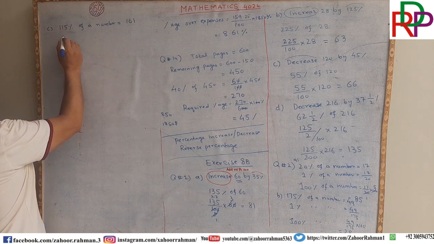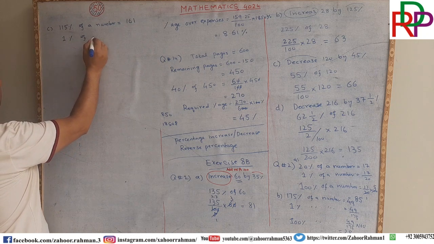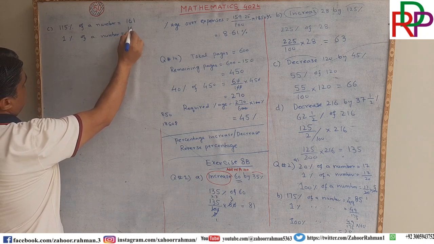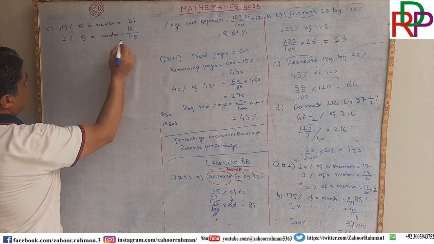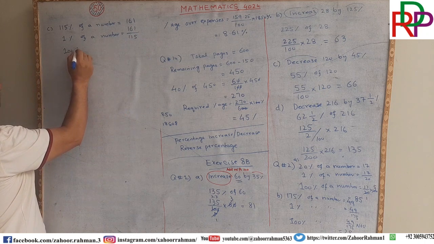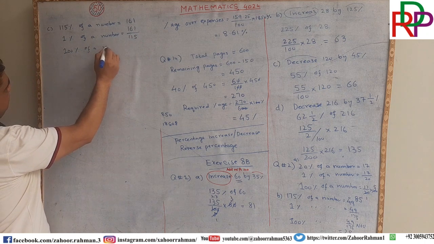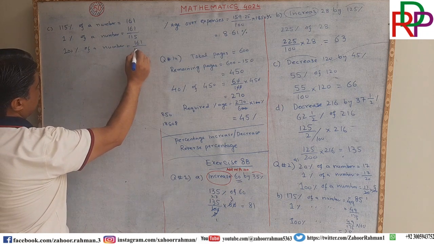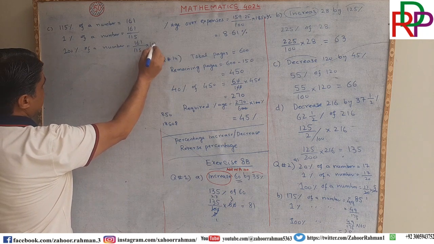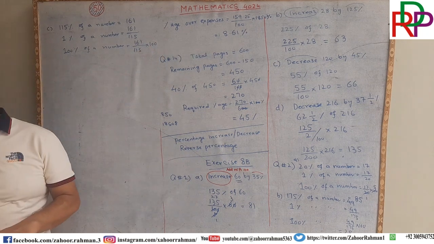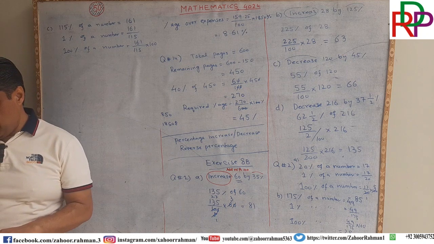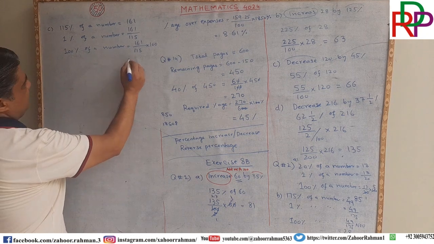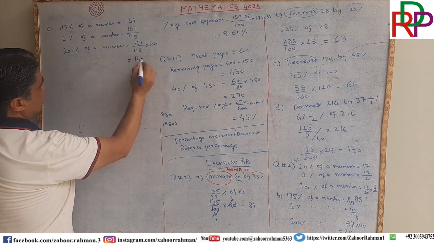Again you have to find 1% of a number, which is equal to 161 divided by 115, and again the 100% of a number, which is the original one, is 161 divided by 115 multiplied by 100, and that is equal to 140. 140 is the correct answer.